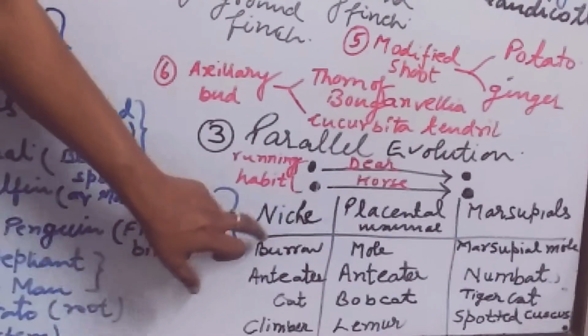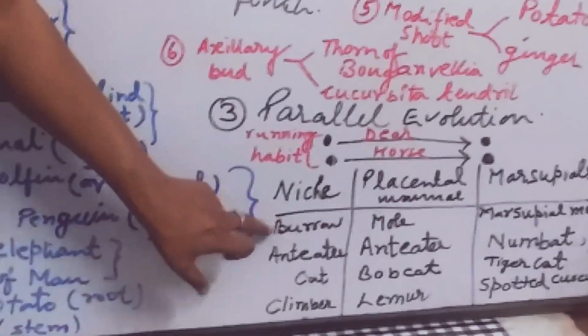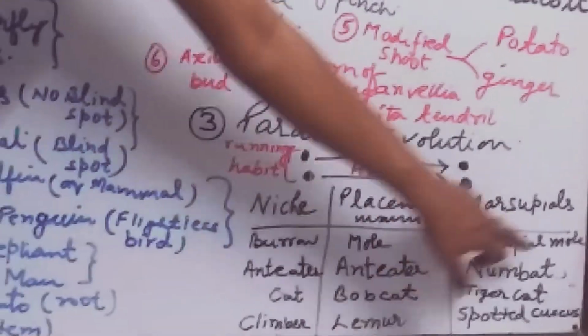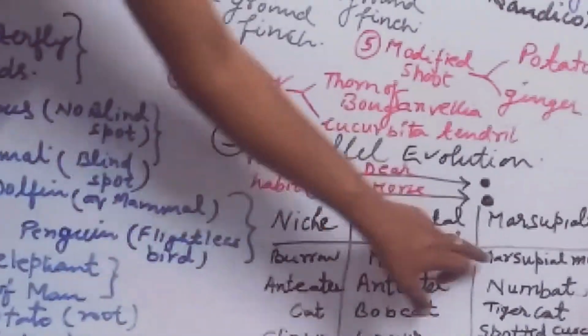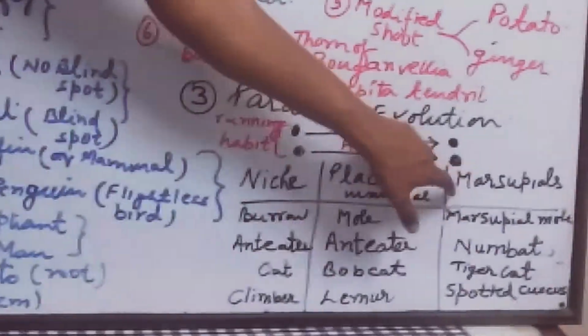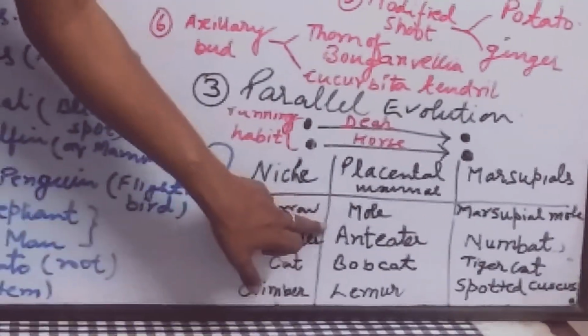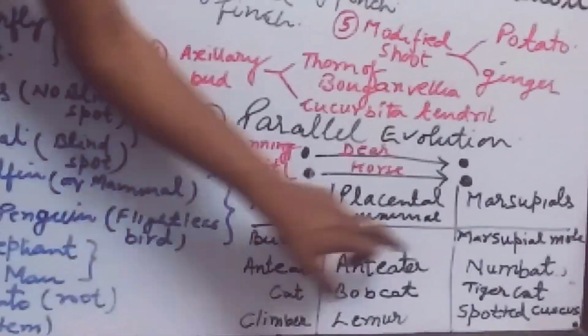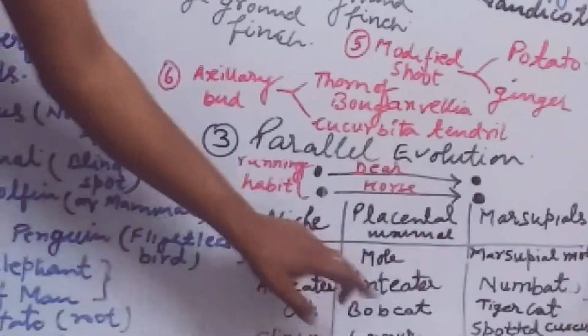For example, the common neck burrower among placental mammals is the mole, and parallelly in marsupials there is the development of the marsupial mole. So mole and marsupial mole have evolved parallelly in India and Australia. Another example is anteater and numbat. These are common in India, and these are common in Australia. So these animals are common examples of parallel evolution.